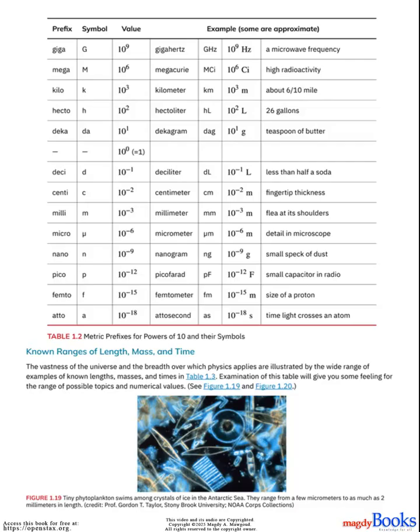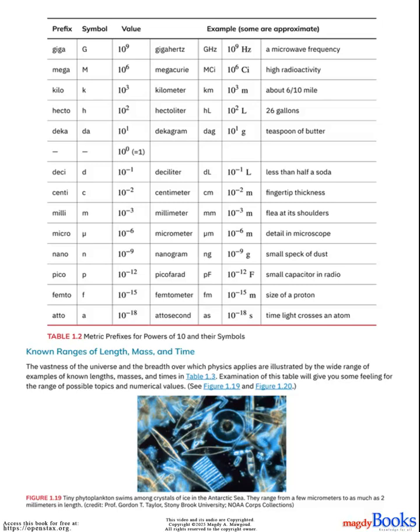Prefix: deci. Symbol: d. Value: 10 to the power of -1. Example: deciliter, dL, 10 to the power of -1 liter. Less than half a soda. Prefix: centi. Symbol: c. Value: 10 to the power of -2.